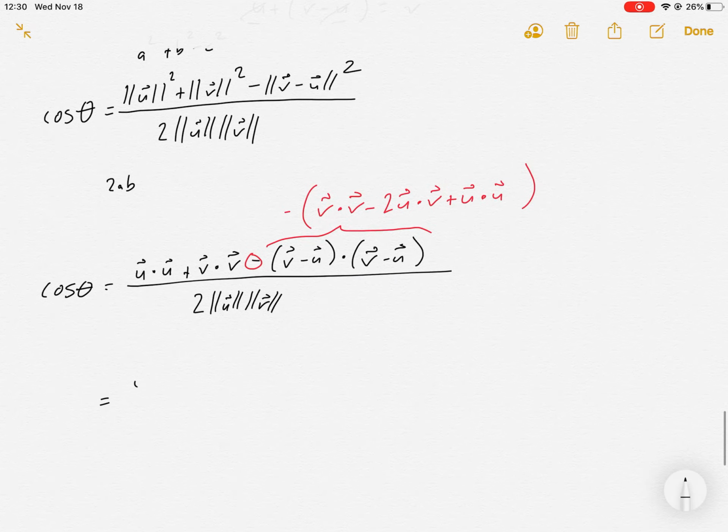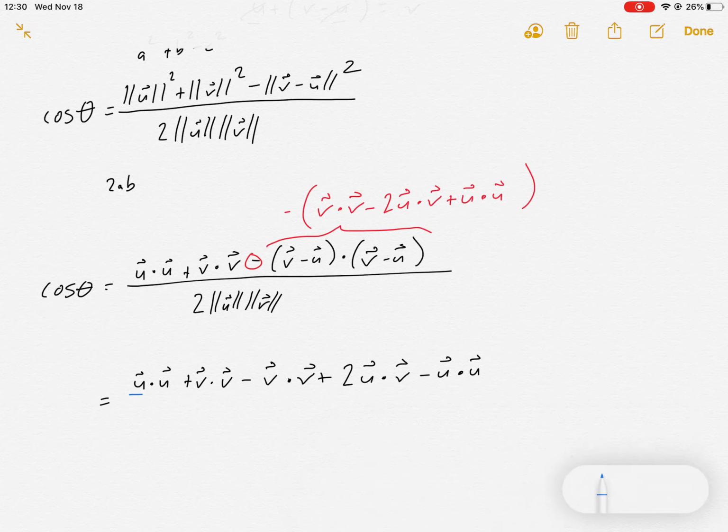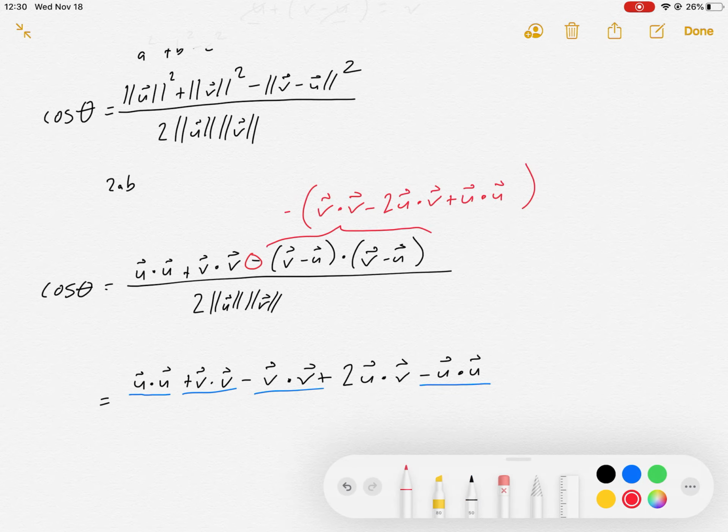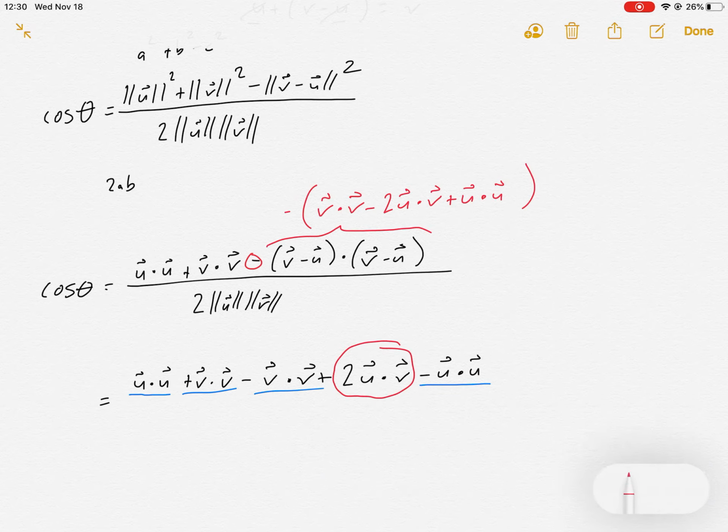So what I end up with is u dot u plus v dot v, but then it's minus v dot v, so those cancel. And then minus turns into a plus 2u dot v, and then minus u dot u. So the u dot u cancels out, the v's cancel, and I'll be left with this term right here.